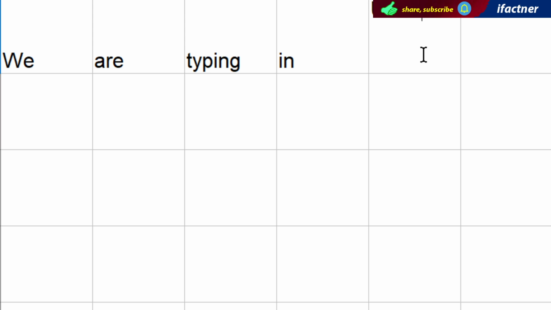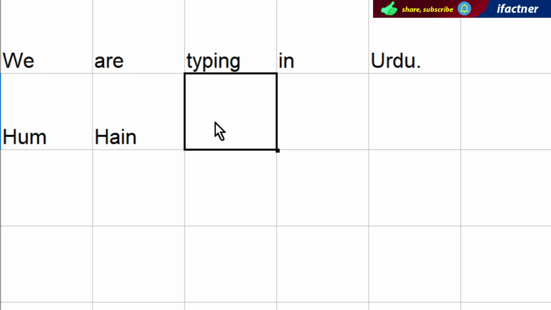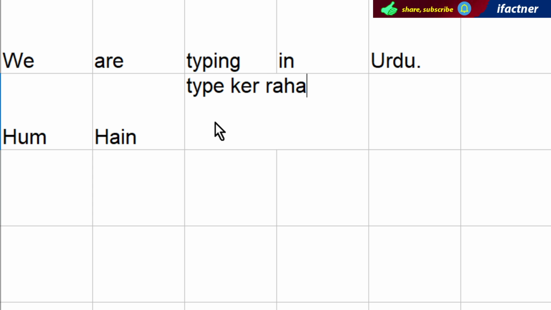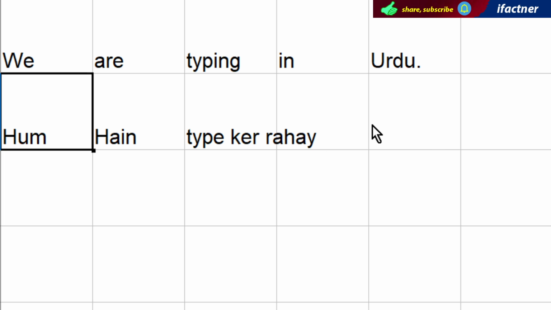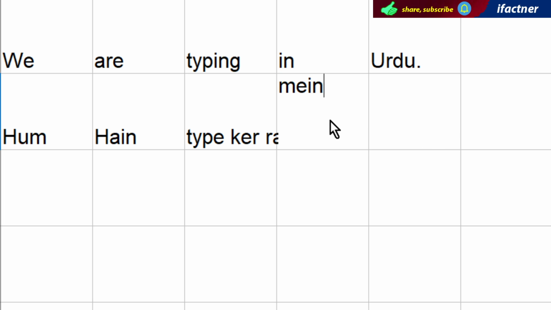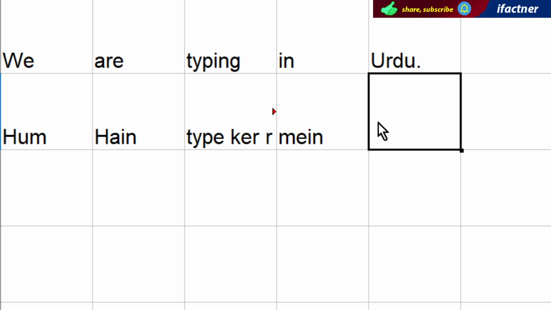We are typing in Urdu. Now in Urdu, we is hum, are is hain, typing is type, कर रहे. कर रहे means doing. In is में, and Urdu is Urdu.